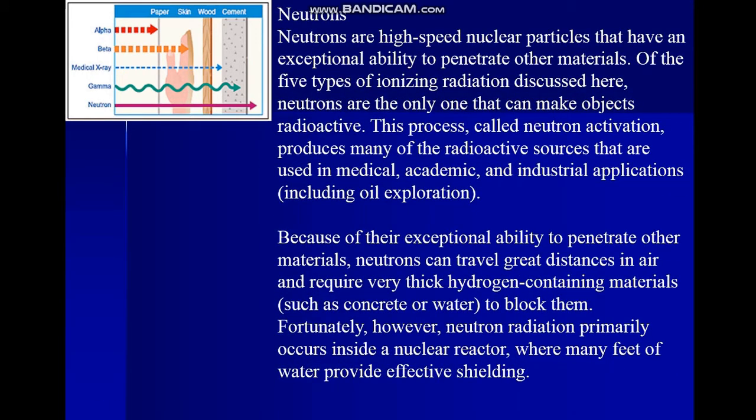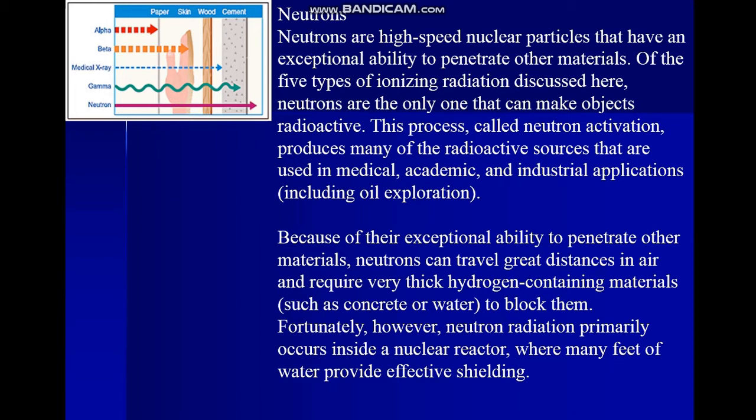And finally, neutrons. Neutrons are high-speed nuclear particles that have an exceptional ability to penetrate other materials. Of the 5 types of ionizing radiation discussed here, neutrons are the only one that can make objects radioactive. This process, called neutron activation, produces many of the radioactive sources that are used in medical, academic, and industrial applications.